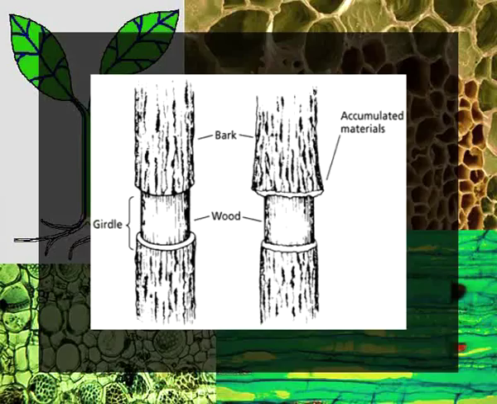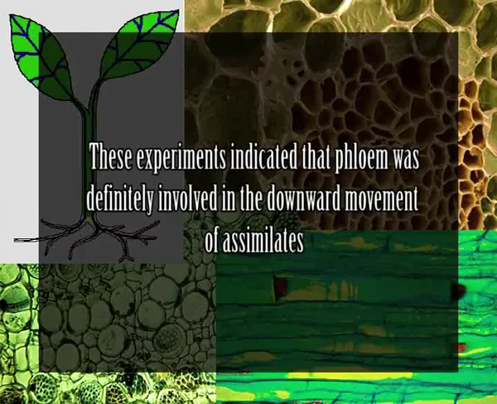They found that the ringing caused accumulation of sugars above the ring and marked decline below the ring in both xylem and phloem cells. These experiments indicated that phloem was definitely involved in the downward movement of assimilates, although they did not exclude the alternative hypothesis that the assimilates might be moving in xylem as well.